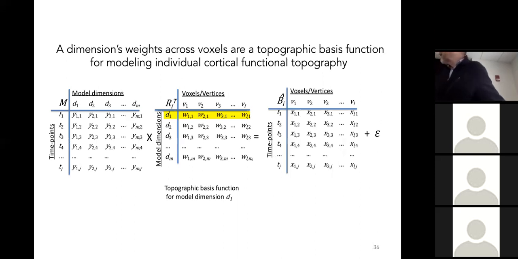And that model starts with the weights in the transformation matrix for model dimensions. Now this is the transpose of the transformation matrix. So now the model dimensions are rows. And these are weights for this model dimension across the vertices of one subject's cortical anatomy.